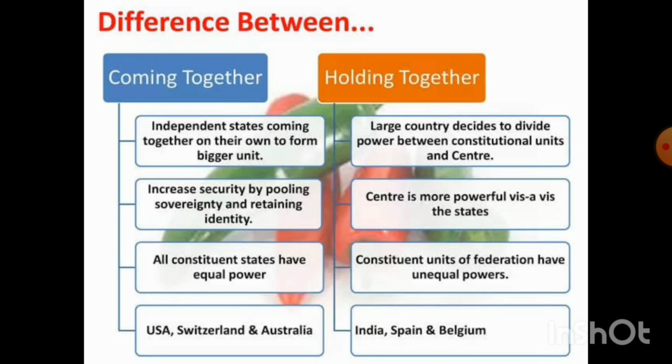In this federation, different constituent units have unequal powers. Some units are granted special powers. Example, in India, the central government has high power compared to state governments and it divides the power among the states.